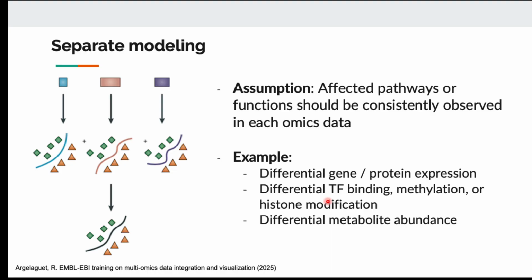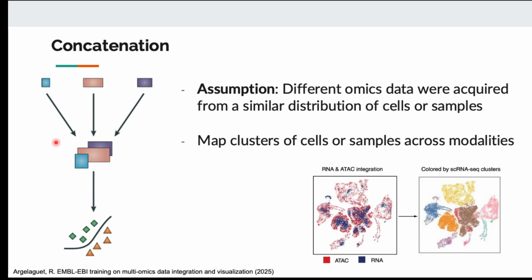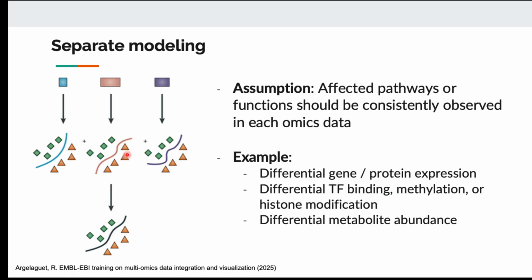You don't care about whether they're the same cells. But what you want to see is, if I'm analyzing the same disease, the same tissue, do I see the same biomarkers in different omics layers? So the focus can change from integrating the cells to integrating the biomarkers.